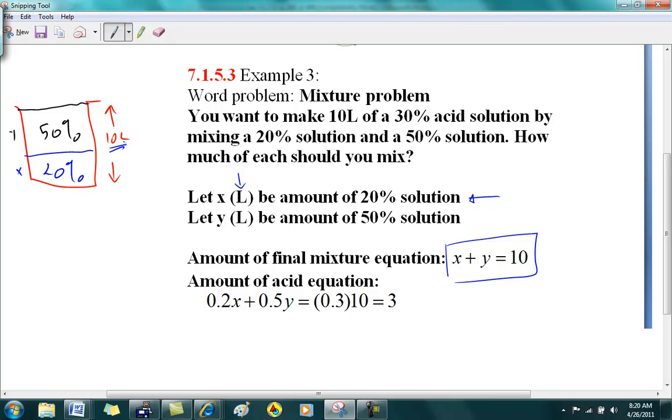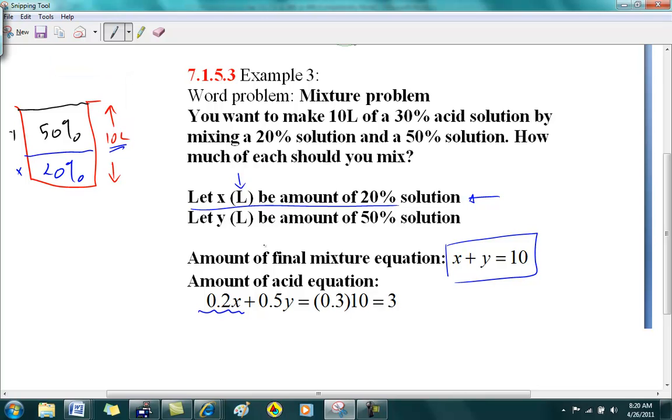So then the next thing to do is do what's called the acid amount equation. Okay? So from the 20% solution here, this is the amount of acid I will have, right, because it's 20% of x.